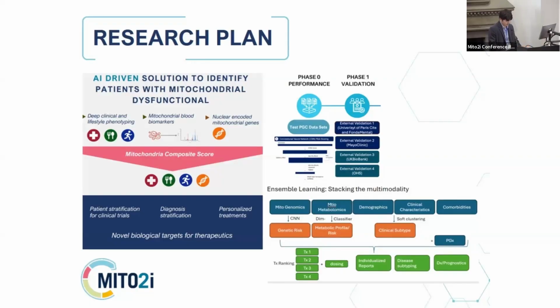In parallel, with our clinical collaborations, we're validating the clinical utility of a mitogene risk score on disease trajectory, diagnostic, and drug response optimization, while also identifying clinical subtypes based on deep clinical phenotyping along with these scores.